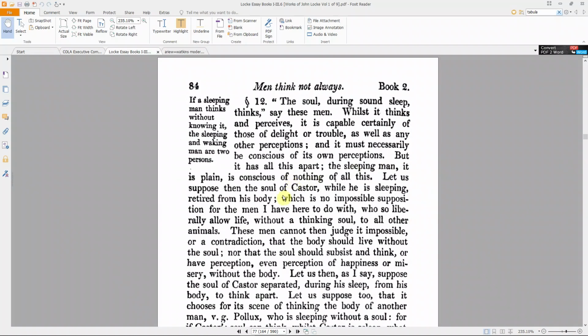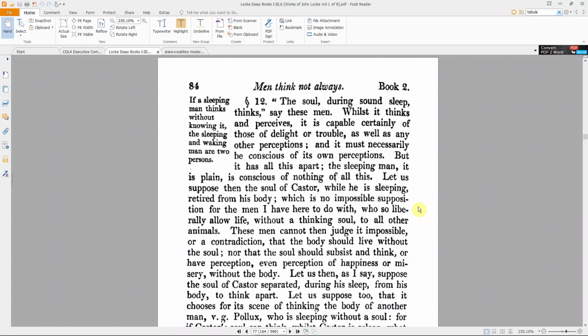I'm not going to go into the details right now, but this idea that there could be one soul that switches between the bodies of two men, and are they going to be two people or one person?